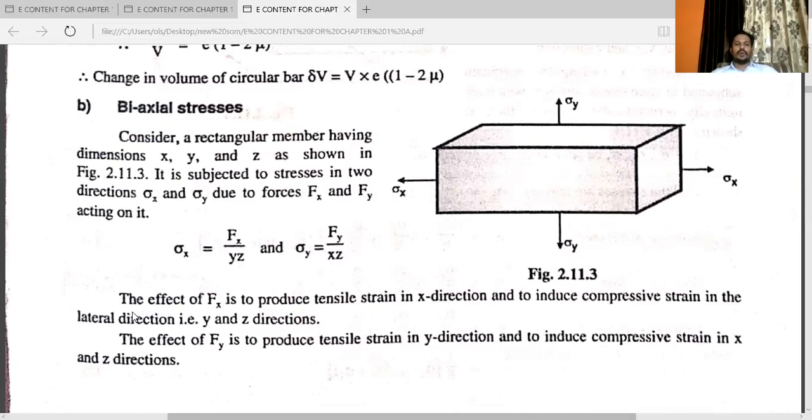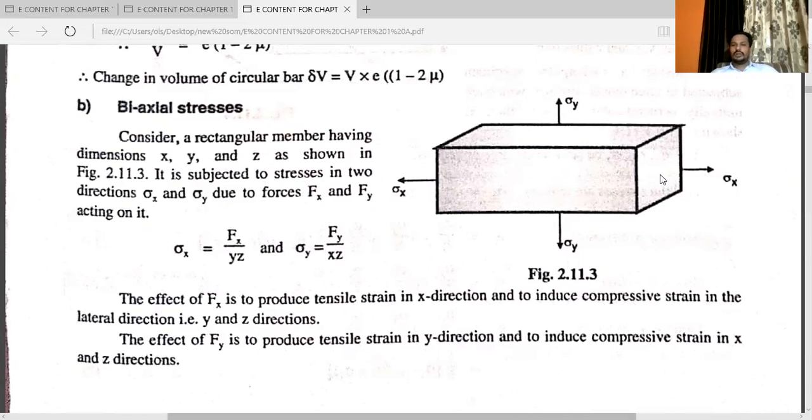The effect of Fx is to produce tensile strain in the x direction and induce compressive strain in the lateral direction, that is the y and z direction. Similarly, the effect of Fy is to produce tensile strain in the y direction and to induce compressive strain in the x and z direction.